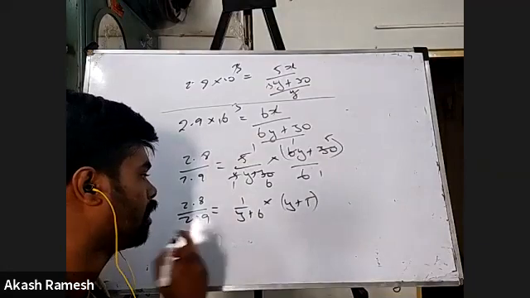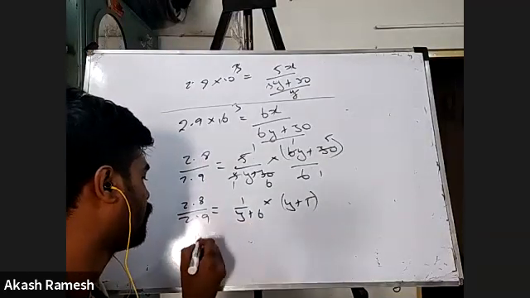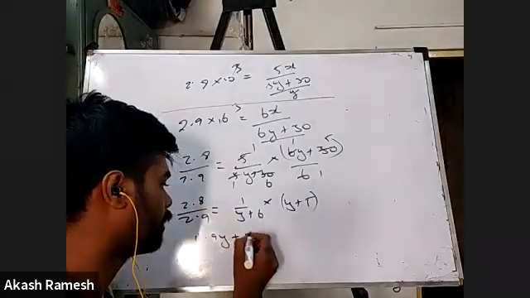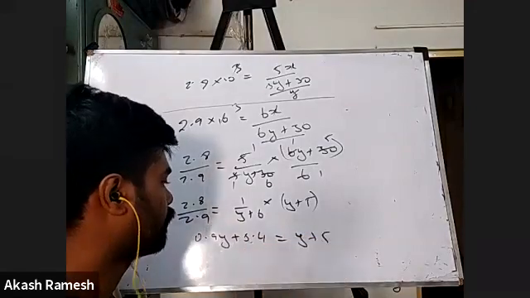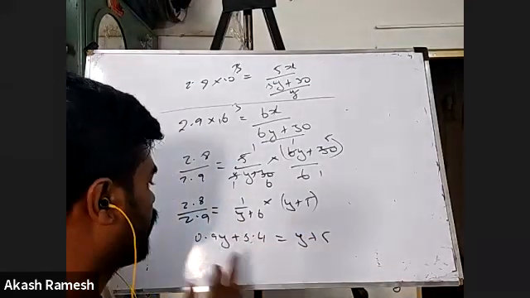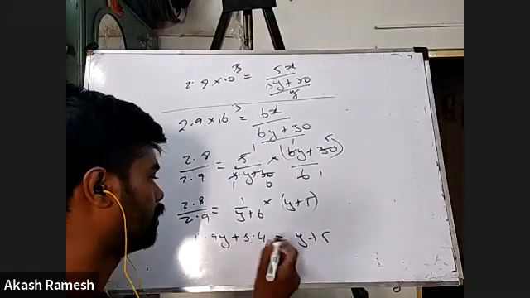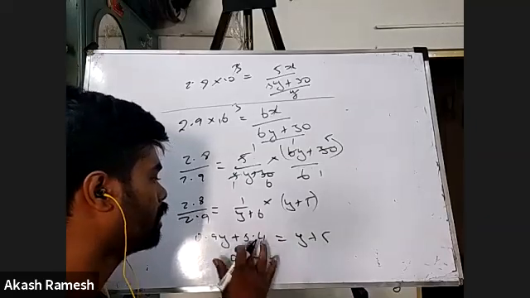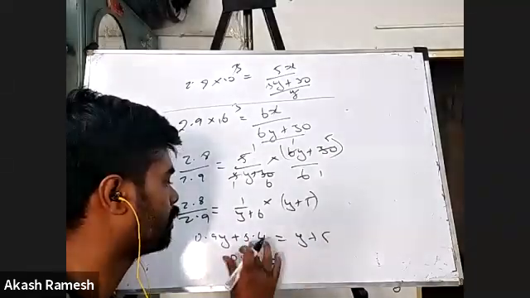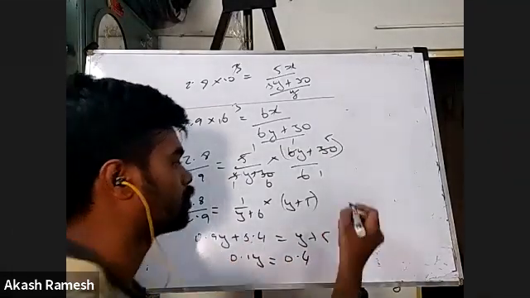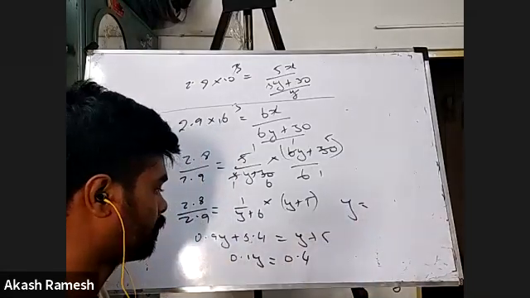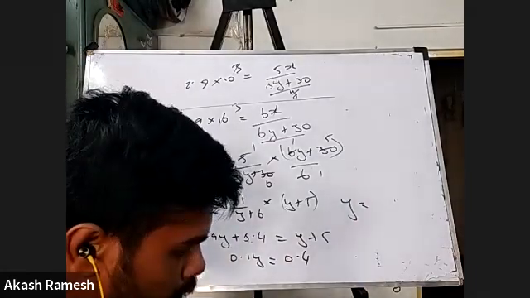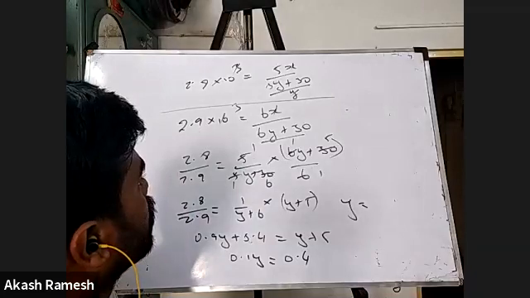If I bring this here, 0.9Y plus 0.9 into 6, which is 5.4, is equal to Y plus 5. If I bring these across, 1 minus 0.9 becomes 0.1Y, which is equal to 0.4, right? So Y is going to be what? Y is the molecular mass, no? How can it be like this? There is something we did wrong.